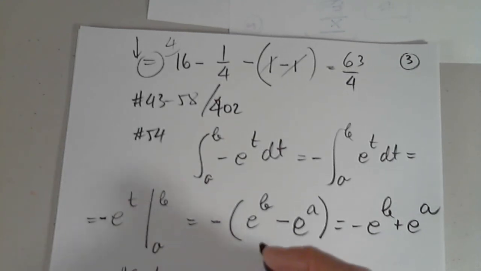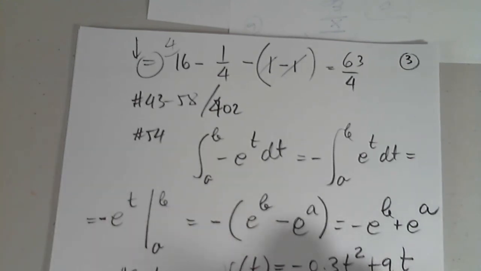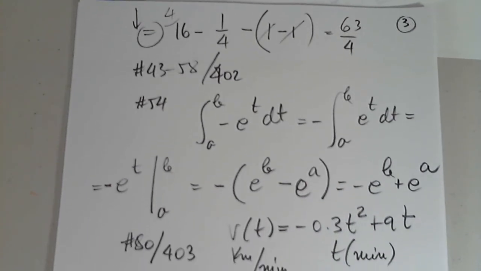Its speed t minutes after release is given by v of t equals negative 0.3 t squared plus 9t, where v of t is in kilometers per minute and t is in minutes. How fast does the particle travel during the first 10 minutes?